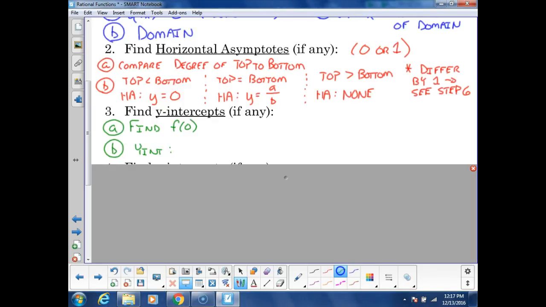So then my y-intercept is 0 comma f of 0, right? How many y-intercepts can there be? 1 or none, right?